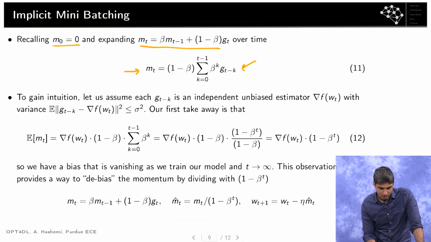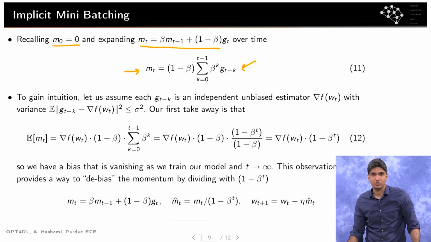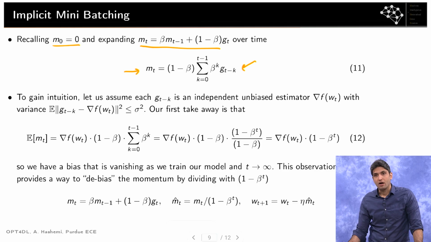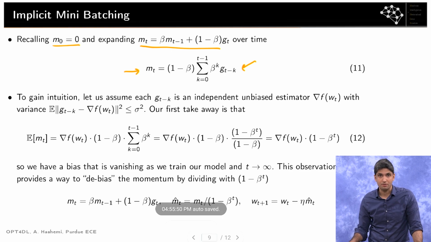As you can see, the momentum is a function of all the stochastic gradients observed so far. And obviously, these depend on each other, because to get the next gradient, I have to calculate the current solution, and the current solution depends on the current gradient. So the next gradient depends on the current gradient, and so on and so forth.